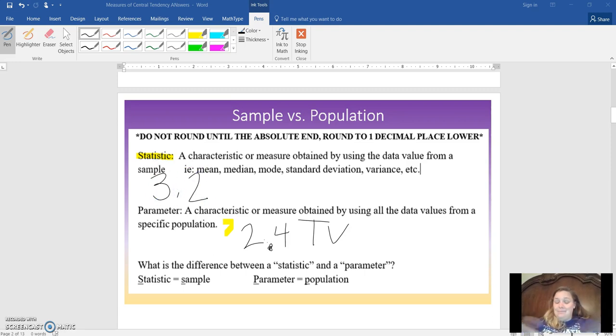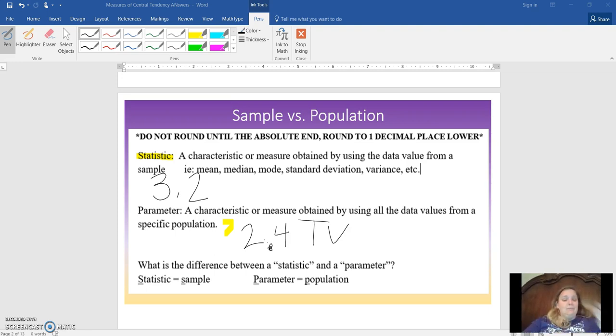Again, I'm making this up because I'm just trying to illustrate a point. And so then we would take that average 3.2 and apply it to the population, because it's literally impossible to ask every single American, which is why the U.S. Census is only done every 10 years, because it takes a very long time. And even then, they still don't get everybody, but they get the bulk of people.